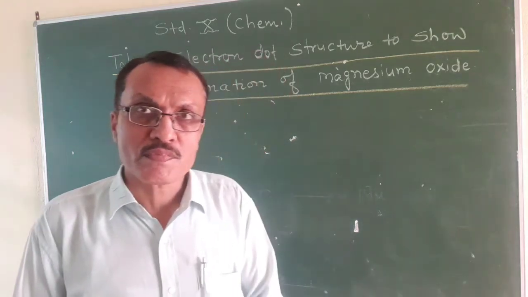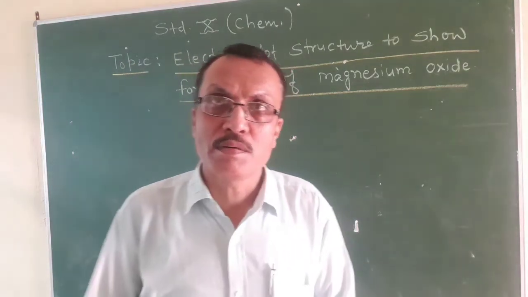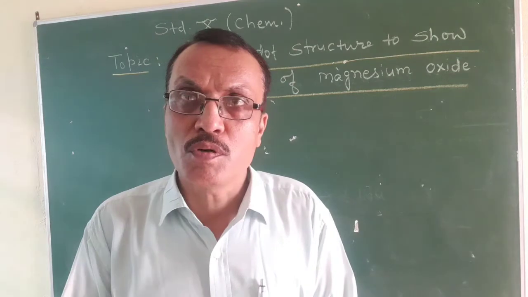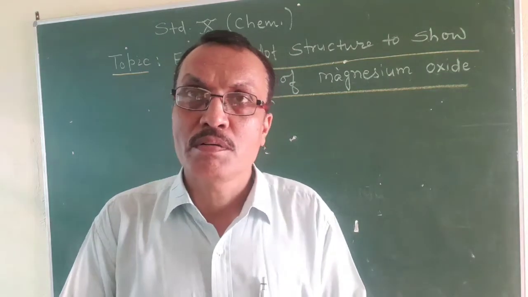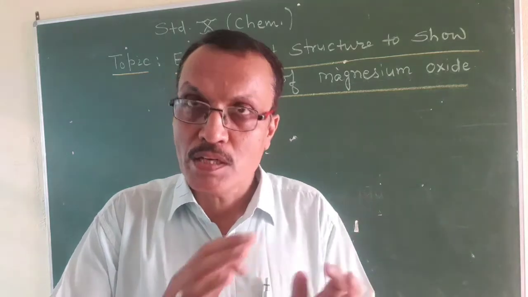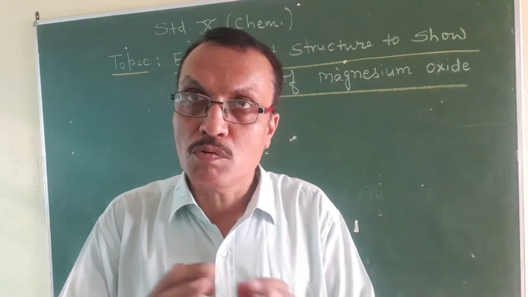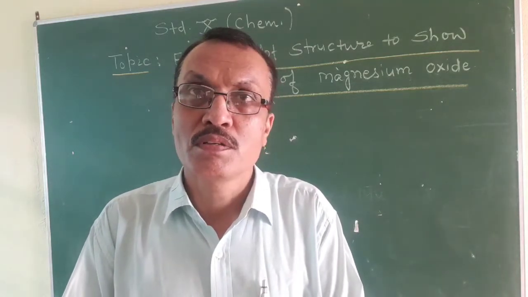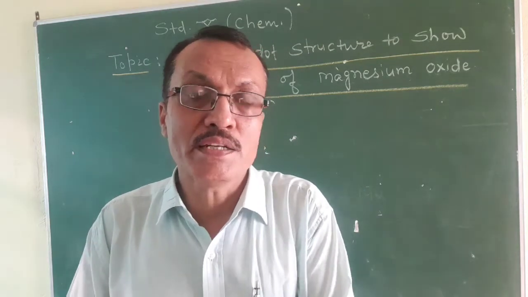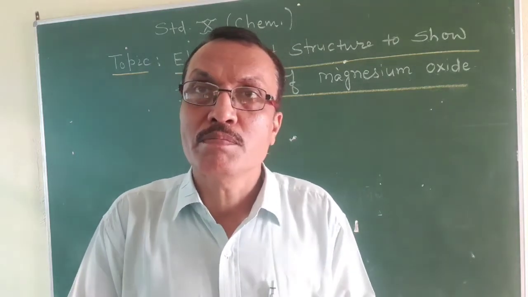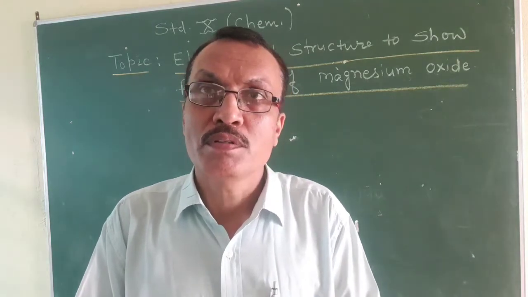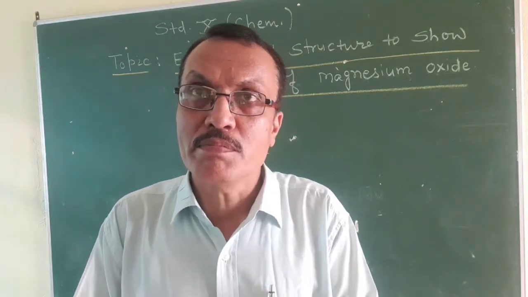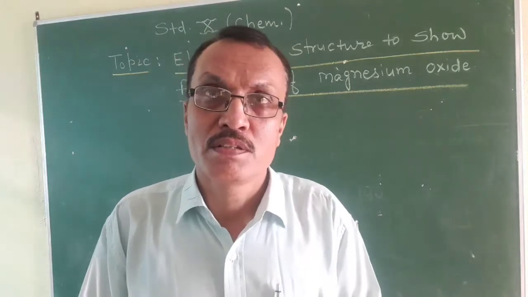Students, you well know an ionic compound is formed by transfer of electrons, in which a metallic atom, by loss of its valence electrons, forms a positive ion, and a non-metallic atom gains the electrons and forms a negatively charged ion.